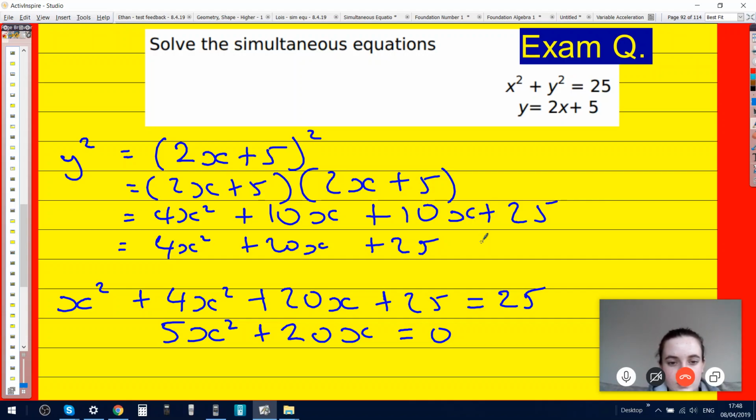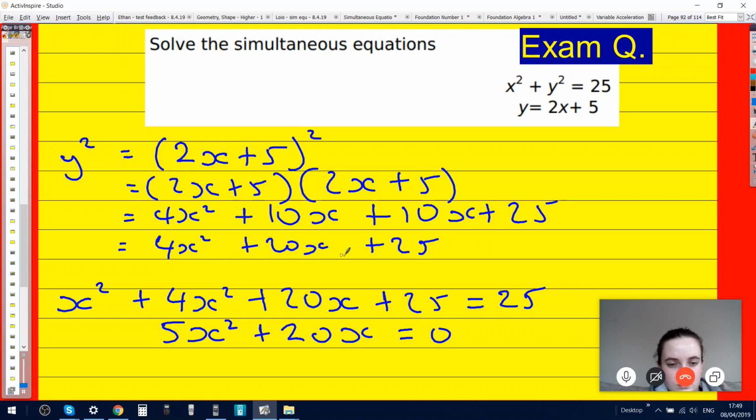So then, is it completing the square? It's basically solving.